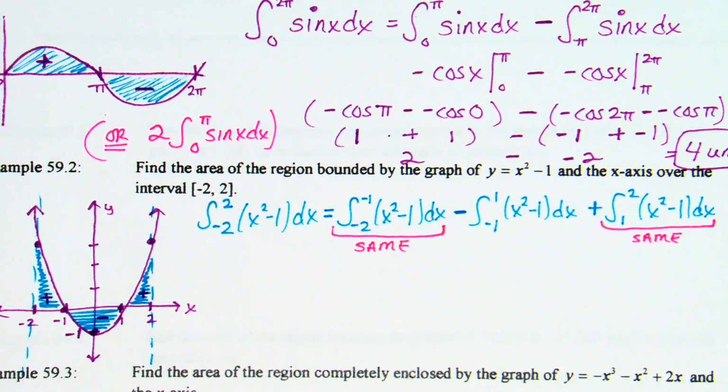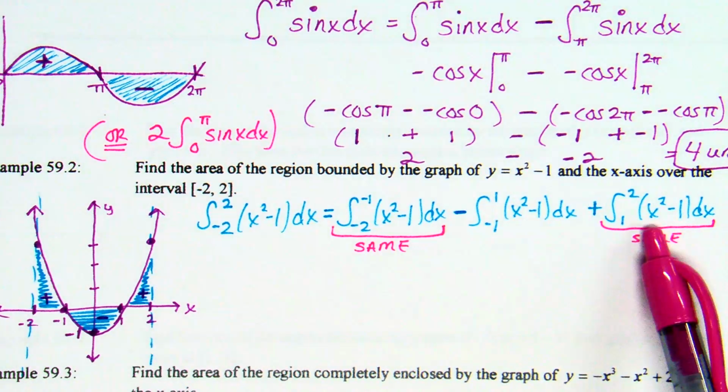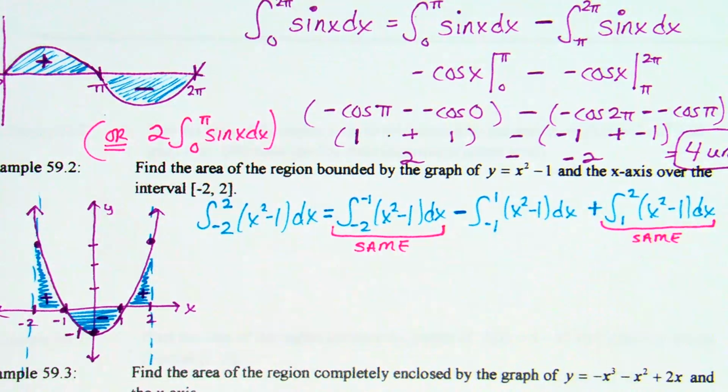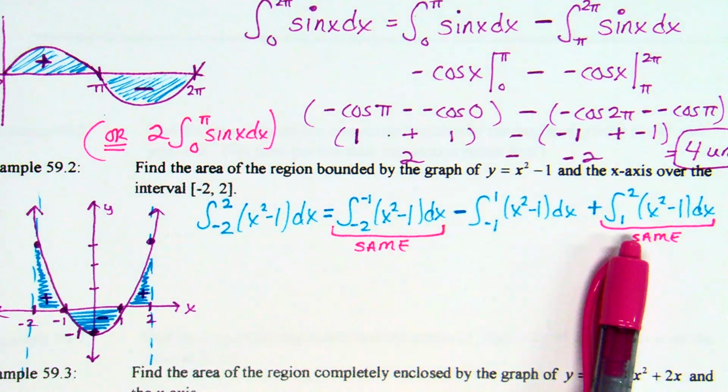Now, here's a neat thing. Which boundaries do you want to use? Do you want to do 2 of the one that is -2 to -1, or do you want to do 2 of the one that is 1 to 2? We can do 2 of either of these.